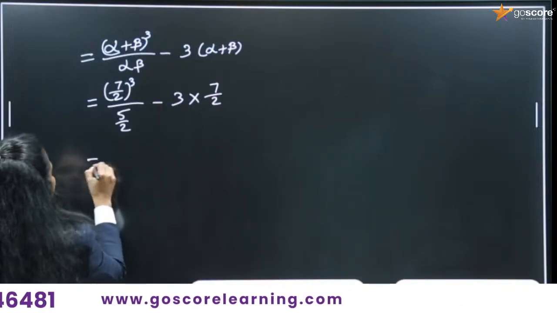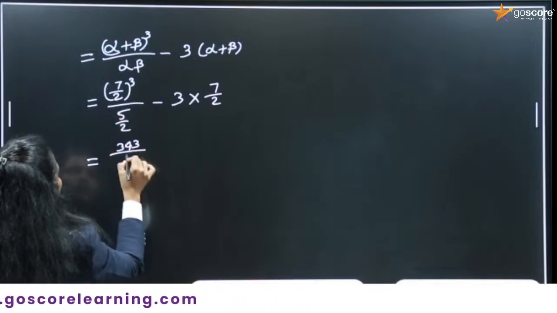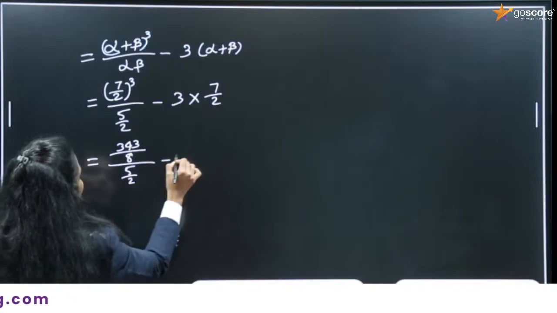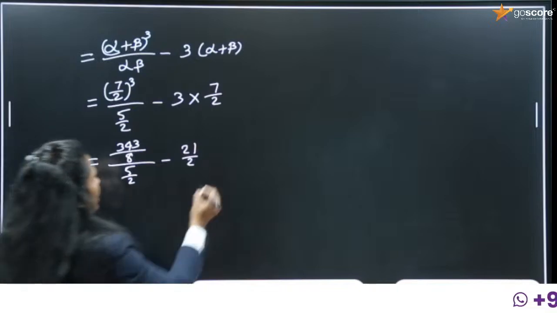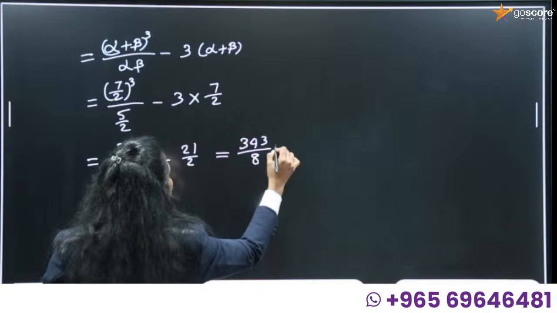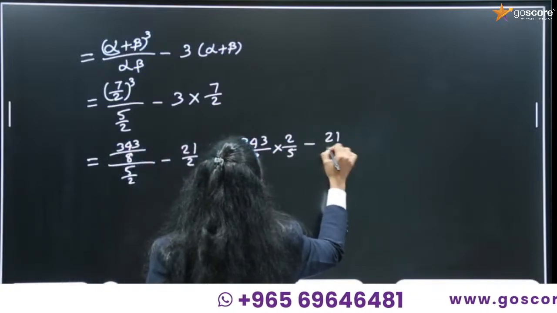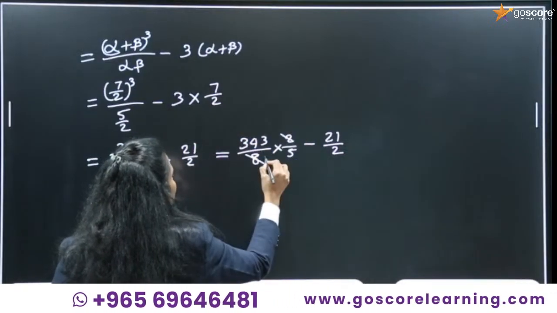It will become 7 cube is 343 divided by 2 cube is 8 divided by 5/2 minus 3 into 7/2, 21 divided by 2. This is equal to 343 divided by 8 into 2/5 minus 21 divided by 2. And now I will cancel this 8 and 2, so it will become 4.